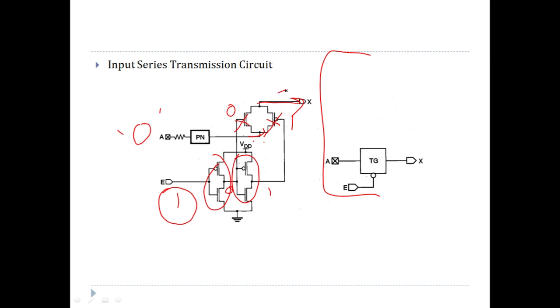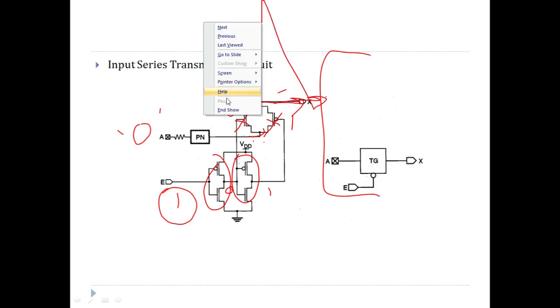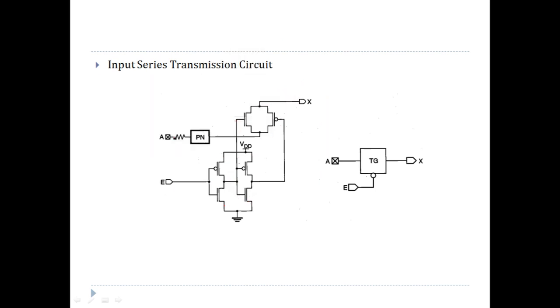The input won't be applied to the logic of an IC. Now when E is equal to 0, the input of the first inverter is 0, so the output is 1, that is logic 1, of course.